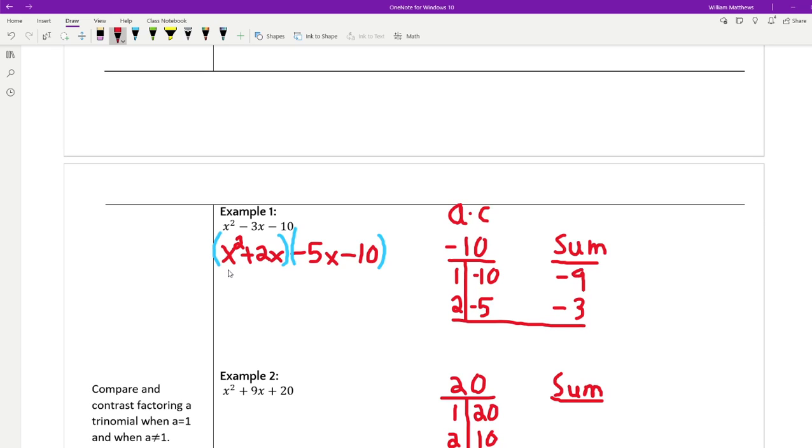From here, we factor out the GCF. 1 would be the coefficient, so we don't need to do anything there, but we do have a common factor of x. If I factor out x, x squared divided by x leaves x, and 2x divided by x cancels out the x's, leaving us the +2.